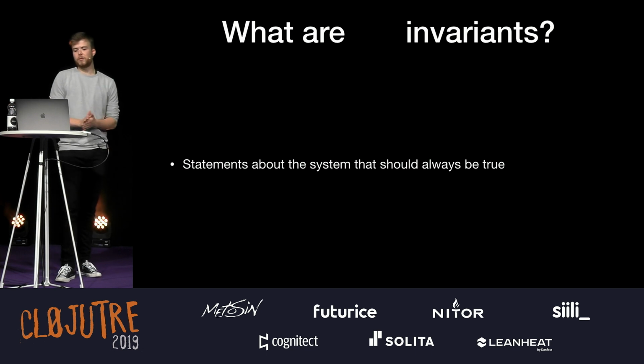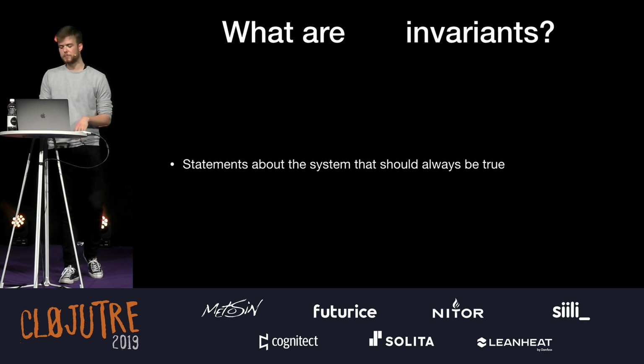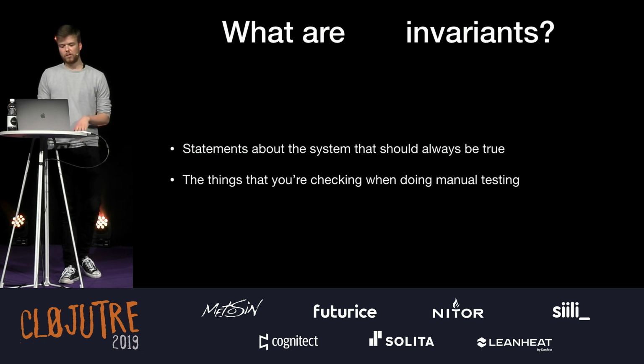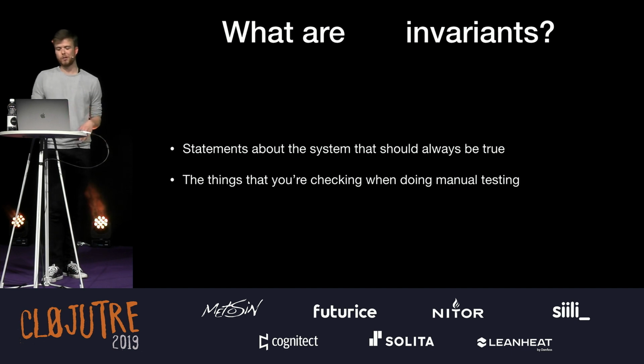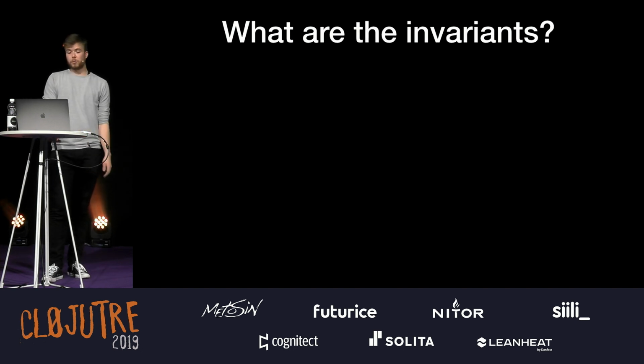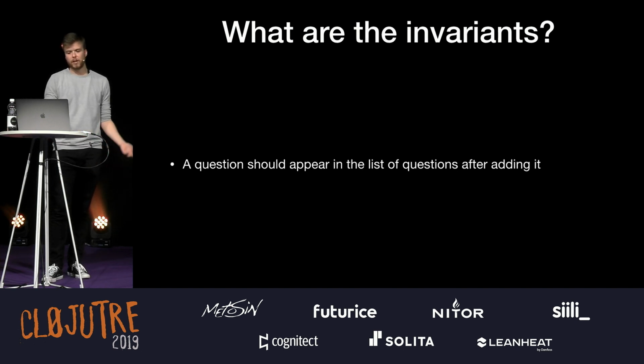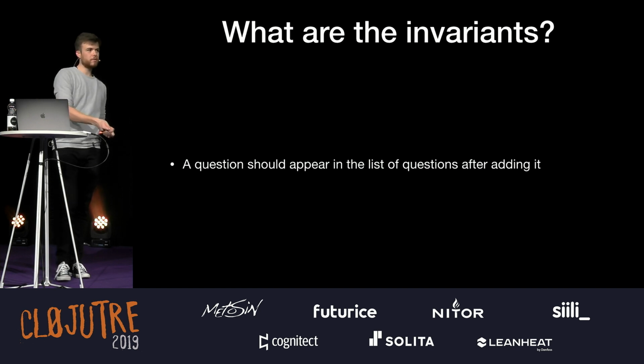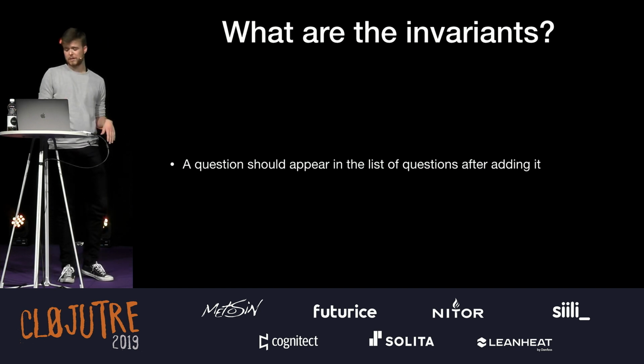But one way I like to think about them is that invariants are the things that you check for when you're doing manual testing of the system. So that's what I like to do. I like to test it and try to analyze what it is that I'm actually looking for. In the case of the form builder, I definitely check that after adding a question to the form builder, it should appear in the list.